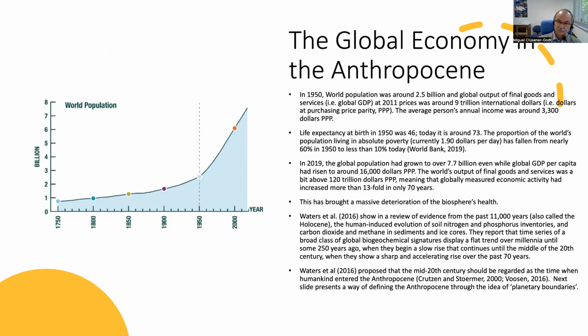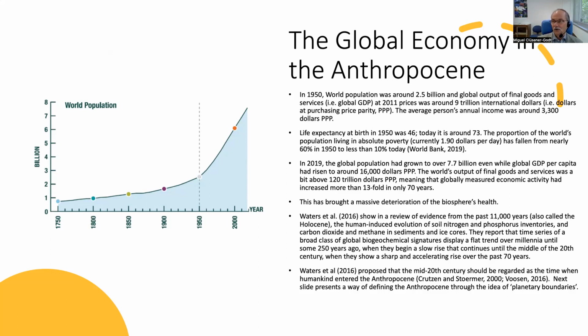And now you see the development of the world population, but you see also that in 1950 the GDP had a figure of around 9 trillion international dollars.